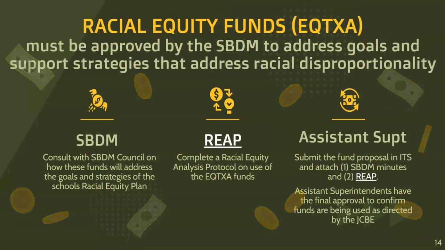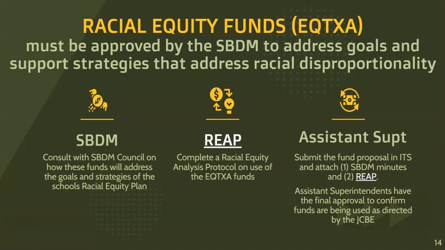So the process for requesting racial equity funds: by law, these Section 7 funds are under SBDM authority, and therefore they must be approved by SBDM Councils to address the goals and support the strategies that address racial disproportionality. Principal and/or committee will consult with the SBDM Council.